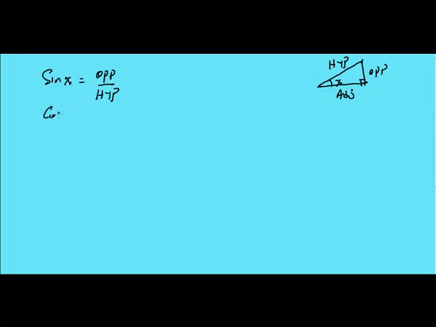Then we have the definition of cosine. Cosine is nothing more than the ratio between the adjacent side and the hypotenuse. Adjacent means next to. And then tangent of an angle is nothing more than the ratio of the opposite side over the adjacent side. Then we have cosecant of x.